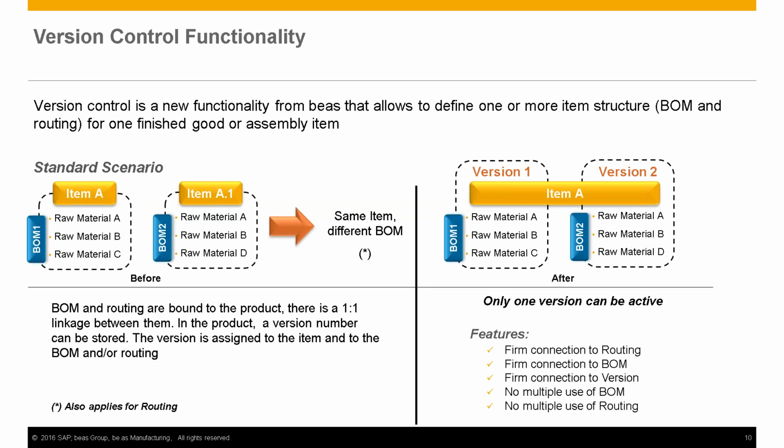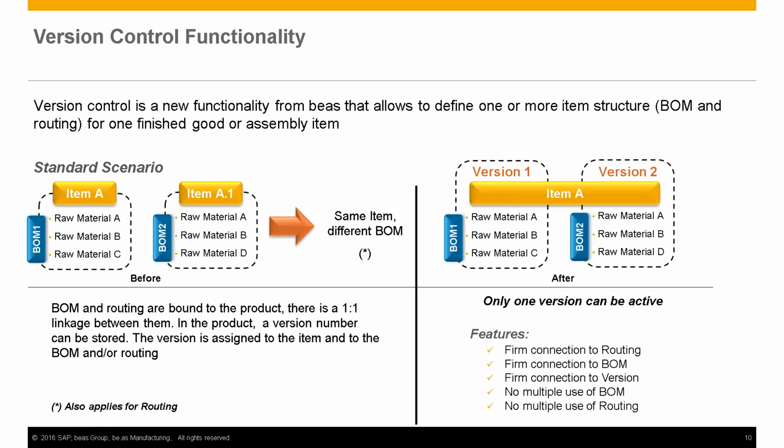We have the standard scenario, which is that you have the same item, but before you would have to create one item that is item A and one item that is item A.1.